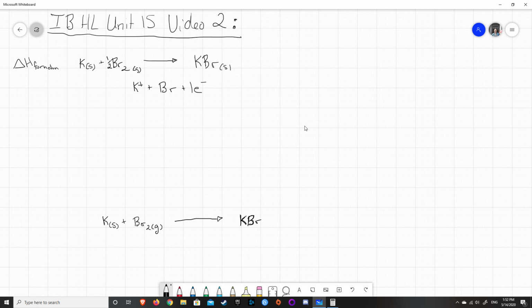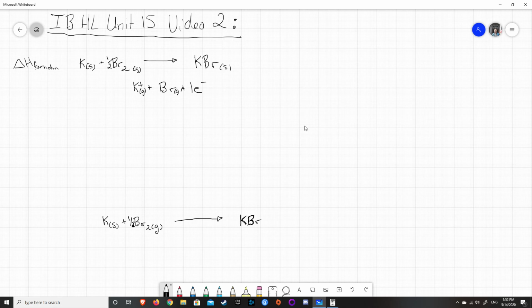And we're going to see how we can assume that in a second. So anything that gets us to these values. Let me just do 1/2 Br2. So we've got potassium as solid. Our first one, we should get potassium to a gas state, because this is always in gas state and this is always in gas state.